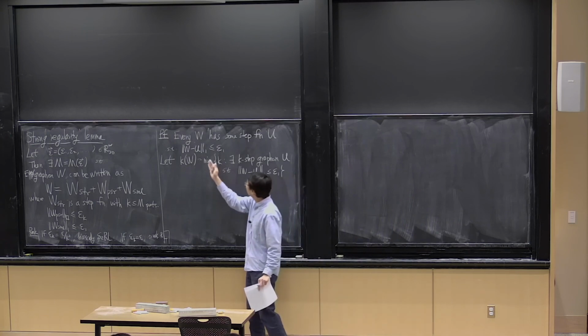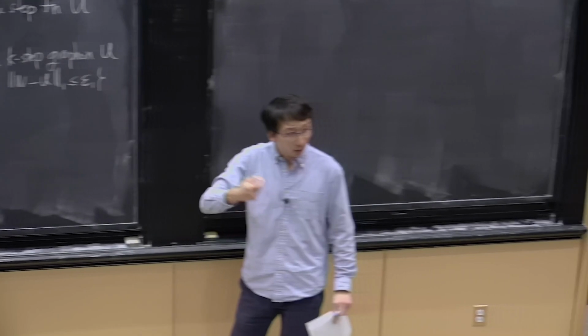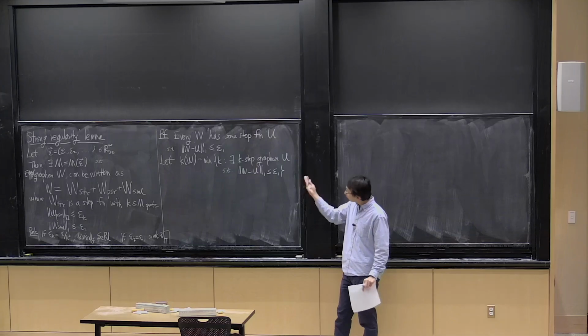Among all the step function approximations, pick one that has the minimum number of steps and call that number of steps k of W.